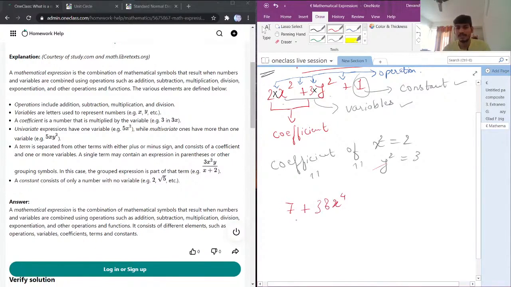This is an example of a univariate expression. Again, 7 is my constant term, plus is the operand, or addition is the operation. 38 is the coefficient, and x power 4 is my variable.